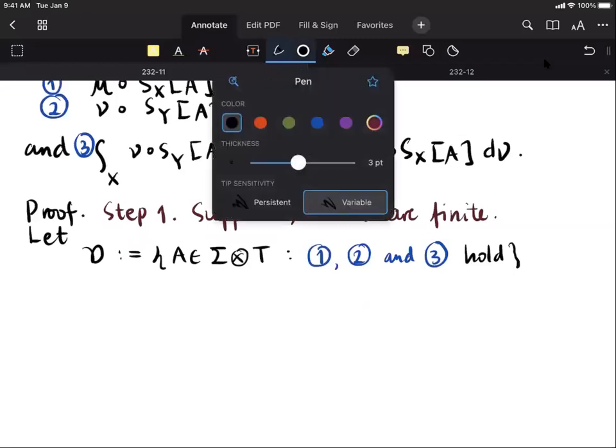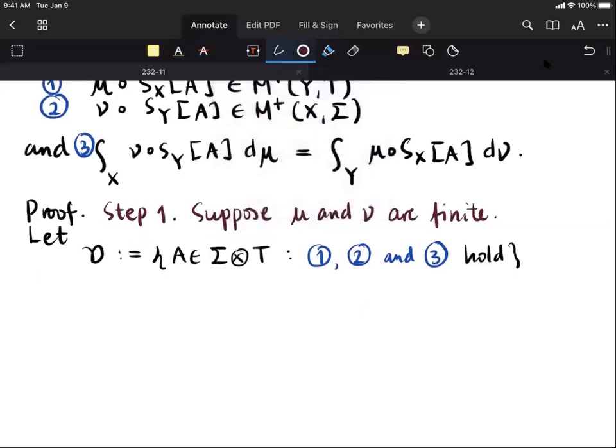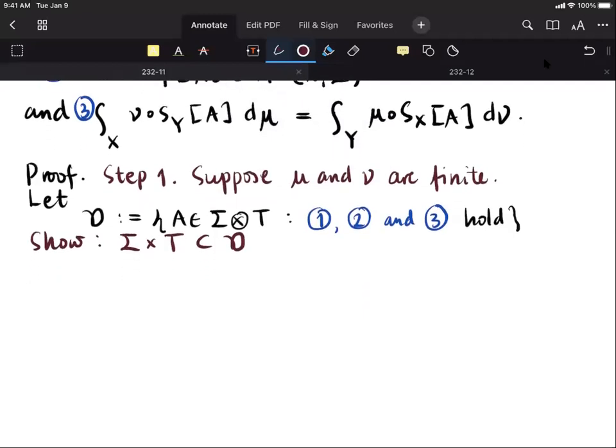Okay, so let us establish the following property. We will show that the Cartesian products of the sigma algebra lie in D. And for this, let us take an element of the Cartesian product of the two sigma algebras.